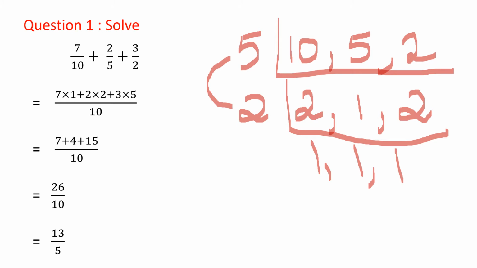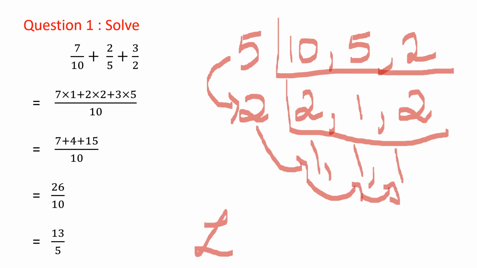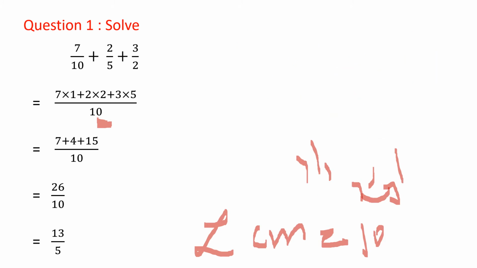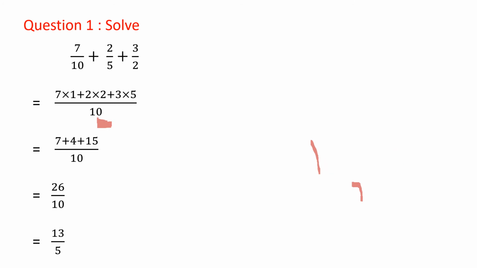You multiply it. 5 into 2, 10. 10 into 1, 10. 10 into 1, 10. 10 into 1, again 10. So you can see the LCM is 10. Right? So 10 is the LCM.